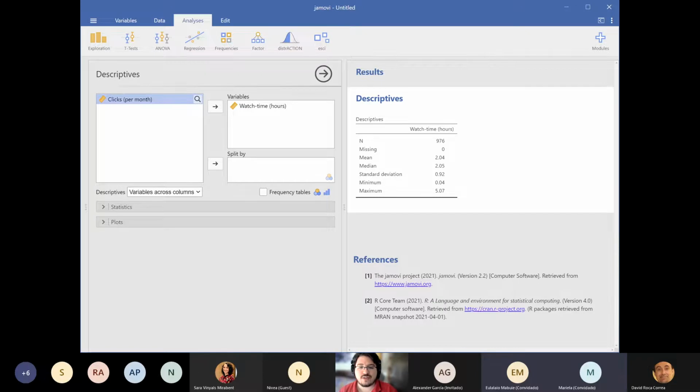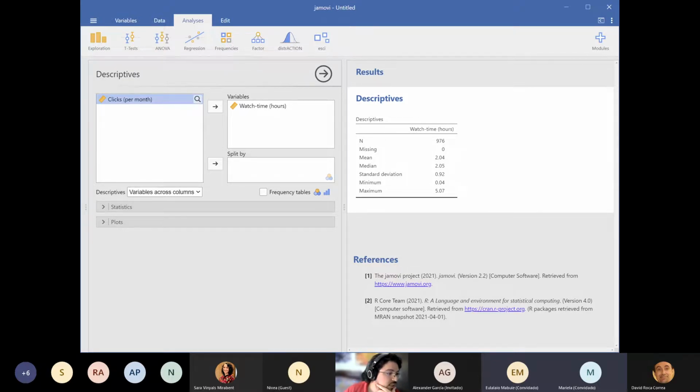You also have, so this is the mean, the median, the standard deviation. The standard deviation is that number that tells us about the variance in the data, how far in general the observations that we have are from the mean that we compute. And here we have minimum and maximum. These are the minimum watch time and the maximum watch time that we have in this data.